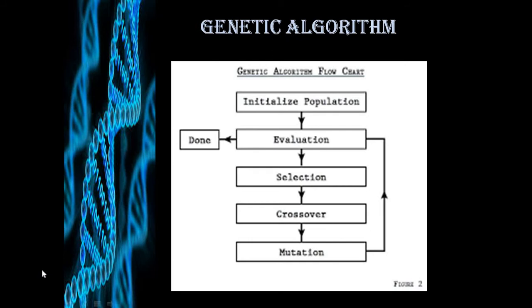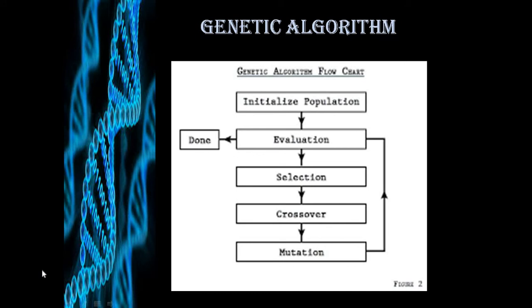Here, as you can see, this algorithm begins by creating a random initial population. And this algorithm then creates a sequence of new populations. At each step, the algorithm uses the individuals in the current generation to create the next generation. To create new population, fitness value of each member is calculated. Then the selected members are called parents.